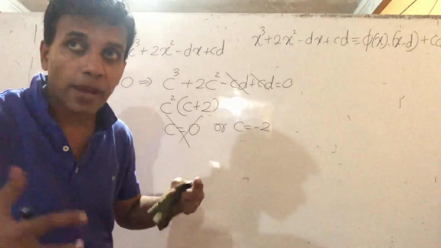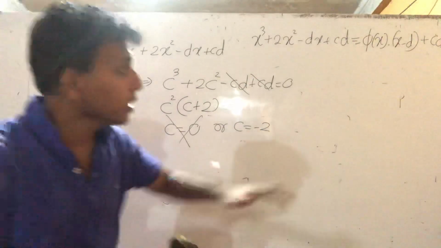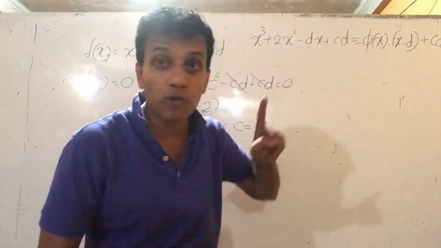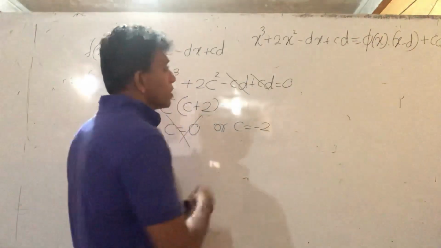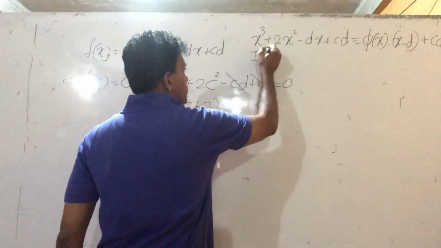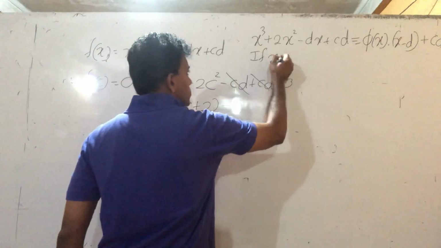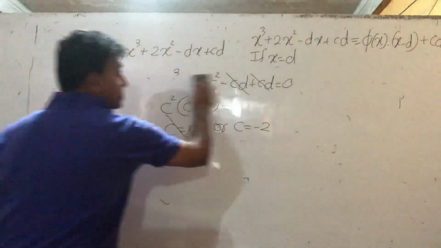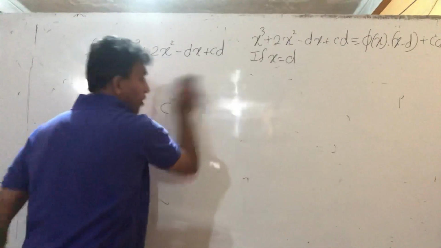Now think of another method to find d. Make this part 0. When this becomes 0, put x for d. If x equals d, solve that.